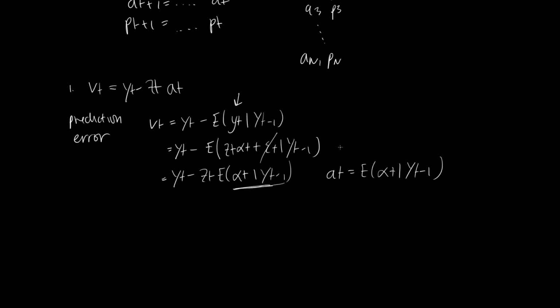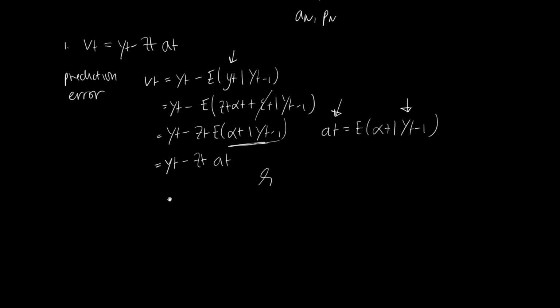So this is our prediction for today's signal given yesterday. So we get v_t = y_t - Z_t a_t, which is exactly what we're after.